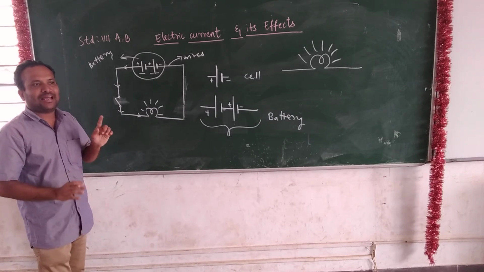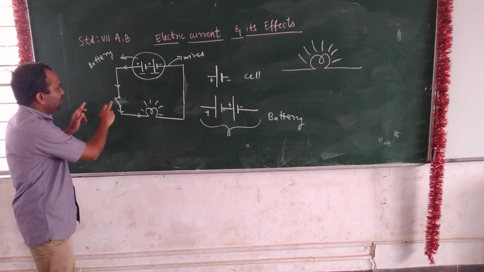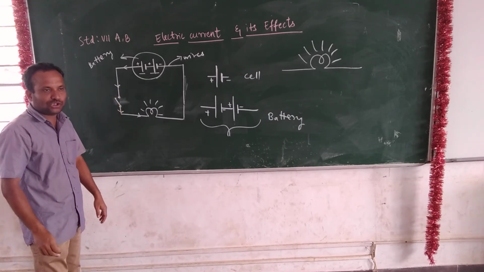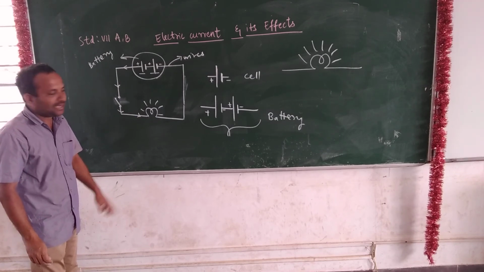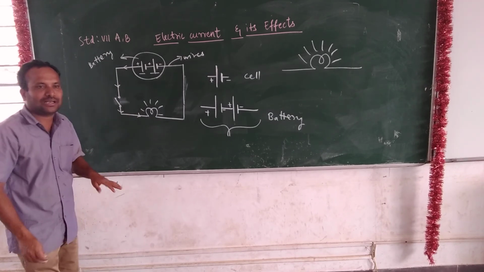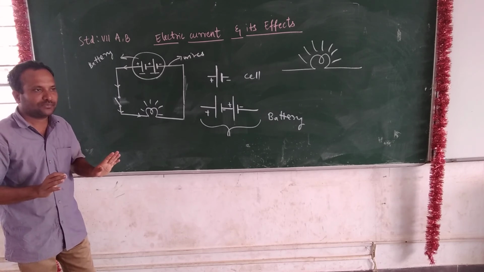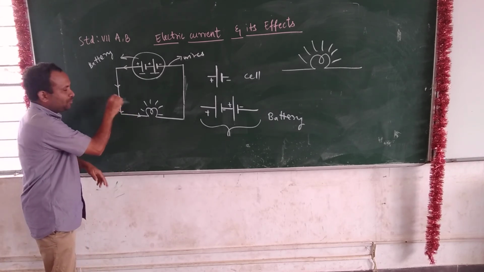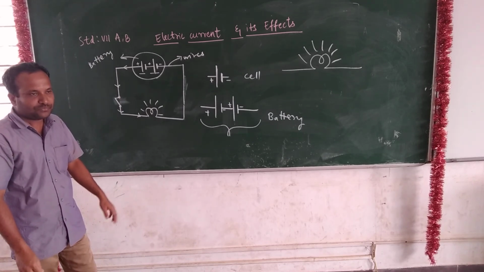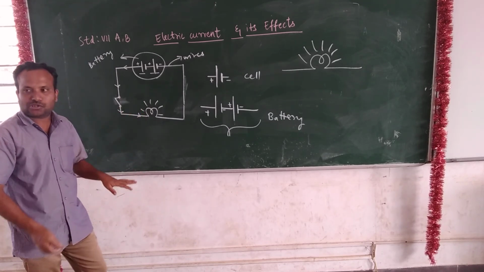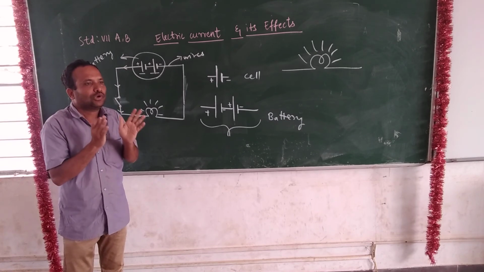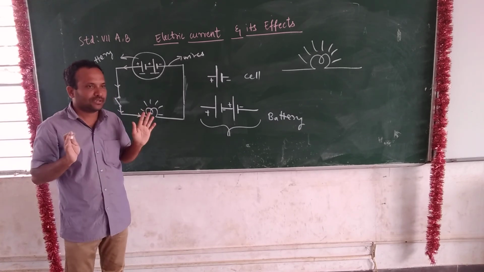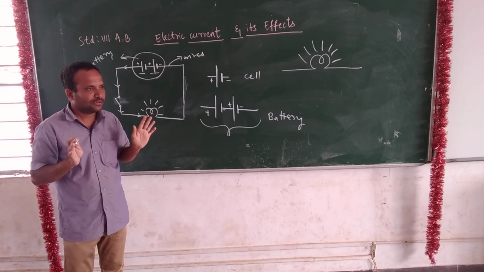If the switch is open, current cannot flow and the bulb will not glow, then it is called an open circuit. For the bulb to glow, this switch has to be on, then only current can flow. Then if the bulb glows, it is called a complete closed circuit. Understood? Okay.